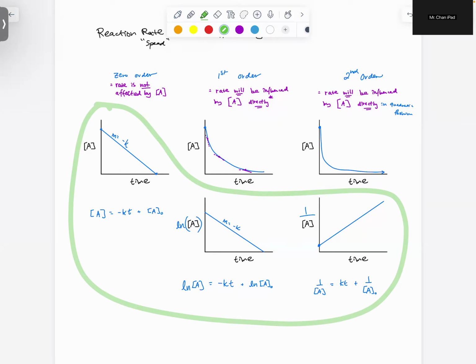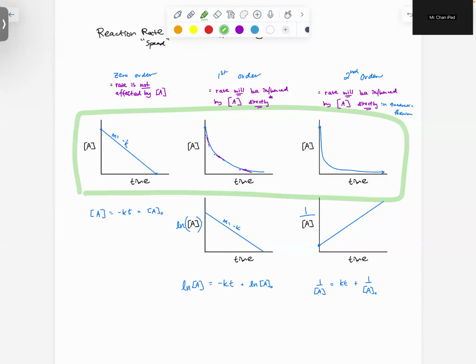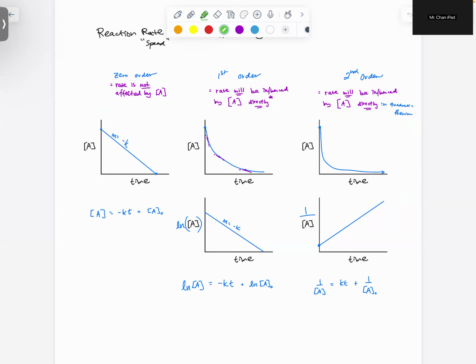Okay? You should always understand that these are the 3 original graphs, and since we want to have some linear lines, because we like to work with linear lines, we have to inverse the function, or we linearize the function, to have these 2 graphs as a result.